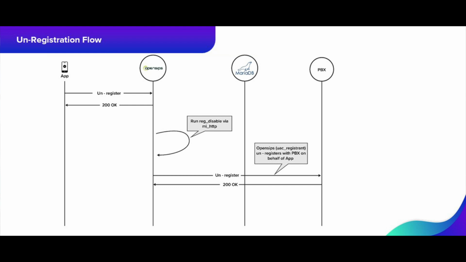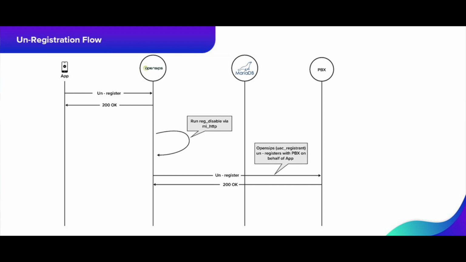The answer is that these days a lot of operating systems don't allow applications to keep running for a long time. So what could happen is that the application is killed and the PBX thinks that the application is unregistered, but from the user perspective, the application is still logged in and should be registered. Due to this limitation, it is possible that after some point of time, the application will not receive any incoming calls.